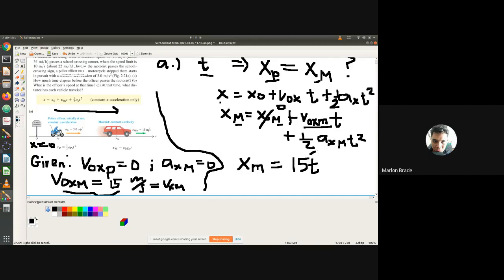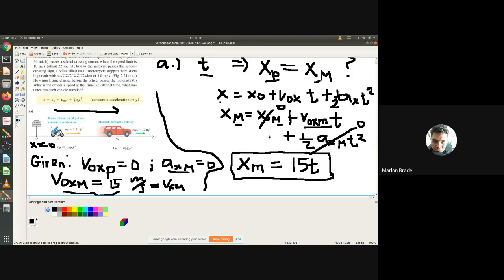This is equal to 0, because the motorist moves at constant velocity. So this equation governs the position of x sub m as a function of time.